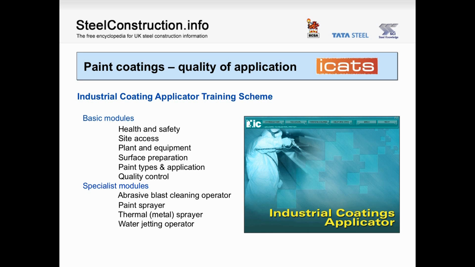There are also 4 specialist modules: blast cleaner, paint sprayer, thermal metal sprayer, and water jetting. ICATS enables contractors to provide best value service to maximise coating performance over structure life and reduce whole life costs.